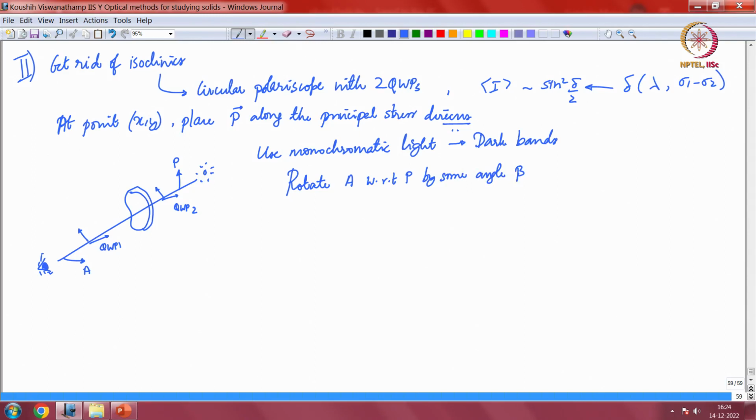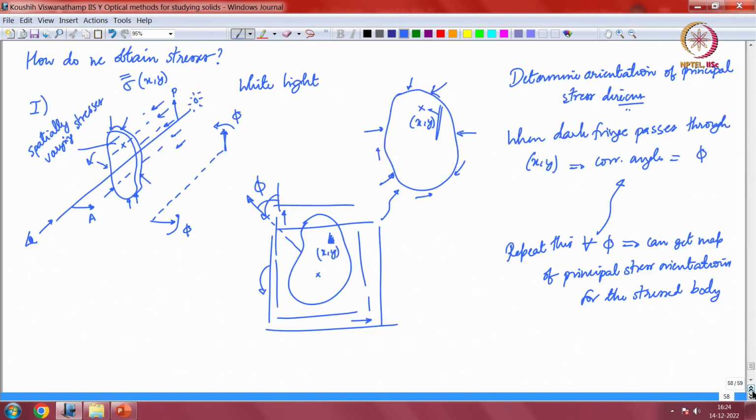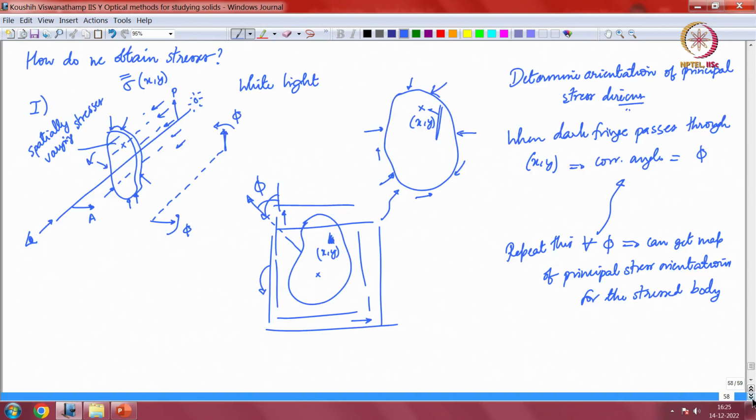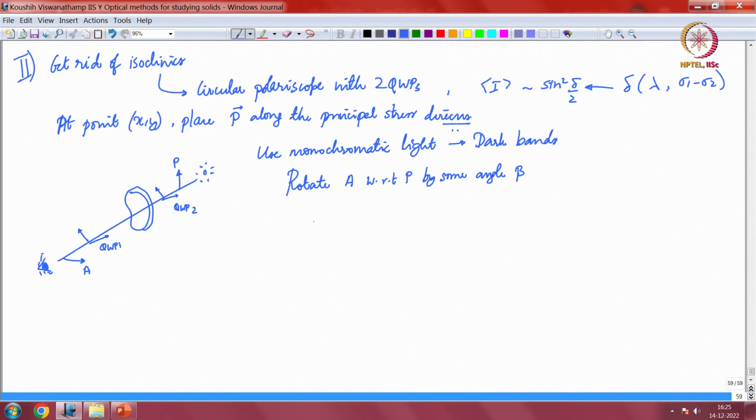If you remember what we did before for the circular polariscopes, the reason I went through this algebra, you remember this. So you had A MF P for the circular polariscope. Now we will do the same, the only difference being the final E0 bar is again A times MF times P times EI bar.